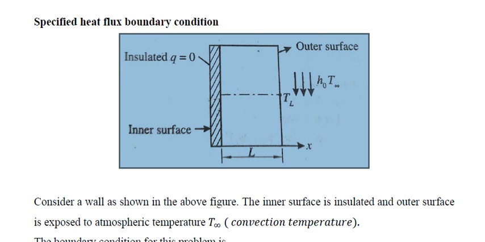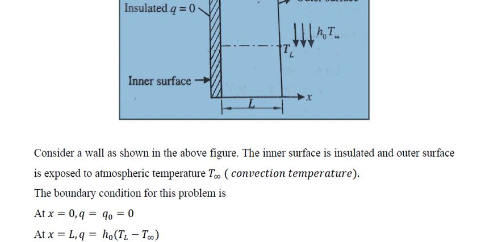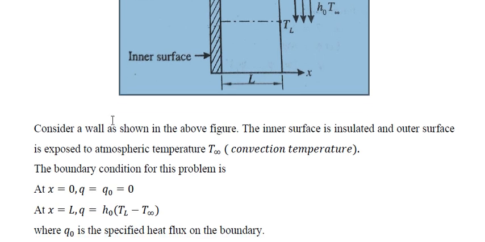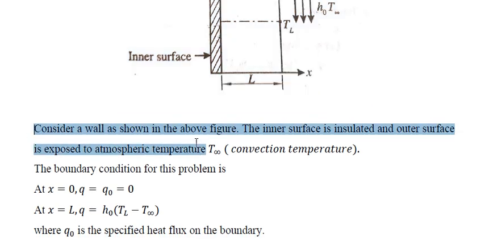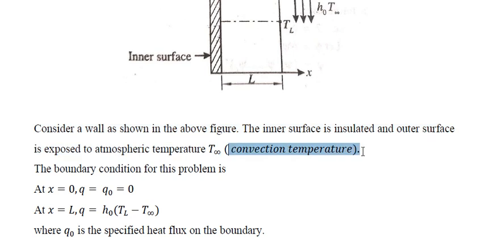Let us see this. Consider a wall as shown in the figure. The inner surface is insulated. The outer surface is exposed to convection temperature T infinity. The boundary condition for this problem is at x equal to 0, q is equal to q naught, which is 0.